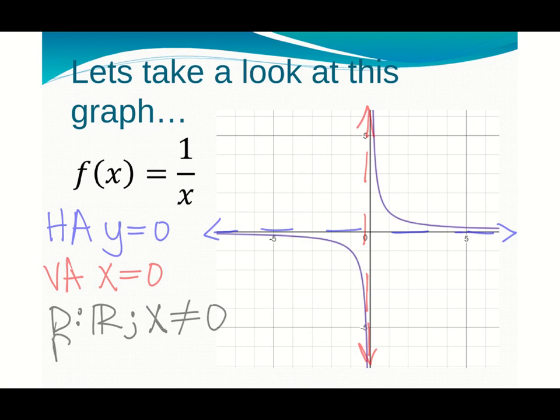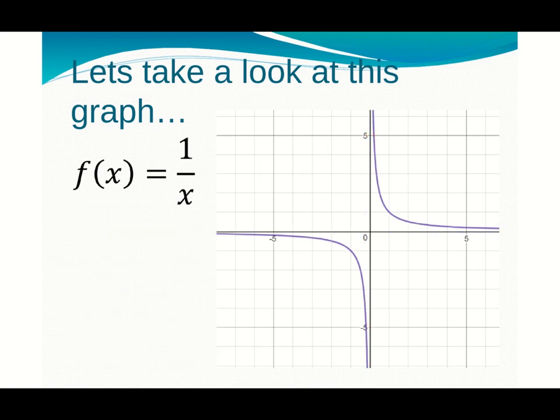Our range in this case is going to be really similar. It can be all real numbers, except y can't be 0. Because like I said before, it's a boundary. It never crosses or touches that line. So these asymptotes are going to be some key features we're going to look at on all our rational functions. We're going to take a look at another graph that's going to give us a few more key features of rationals.